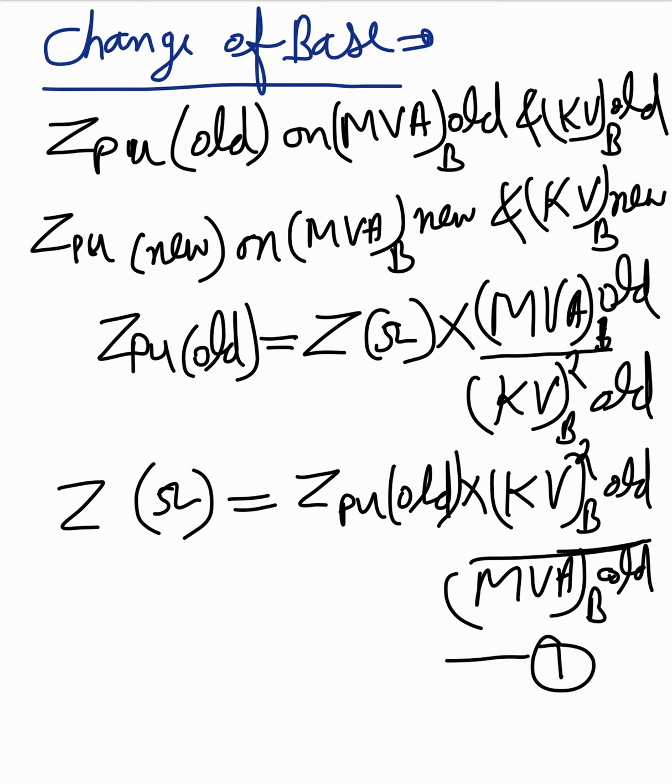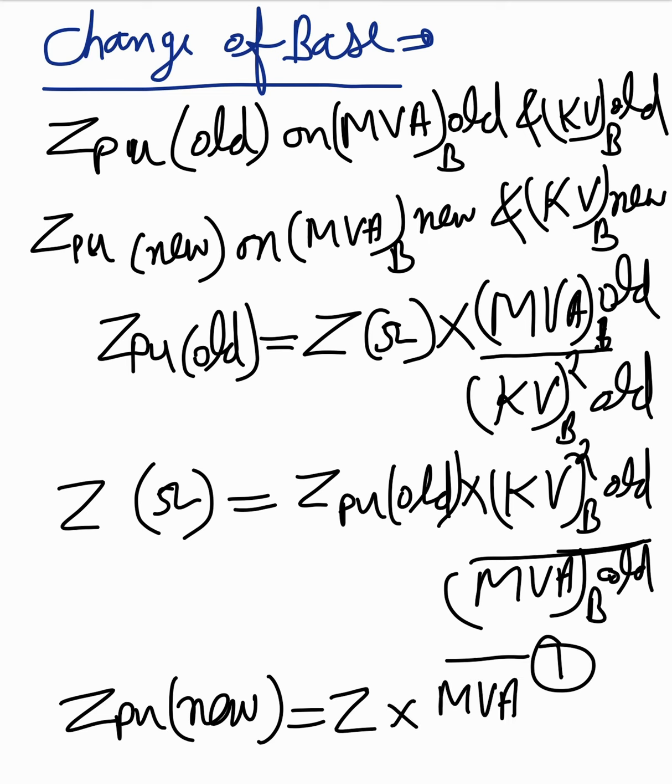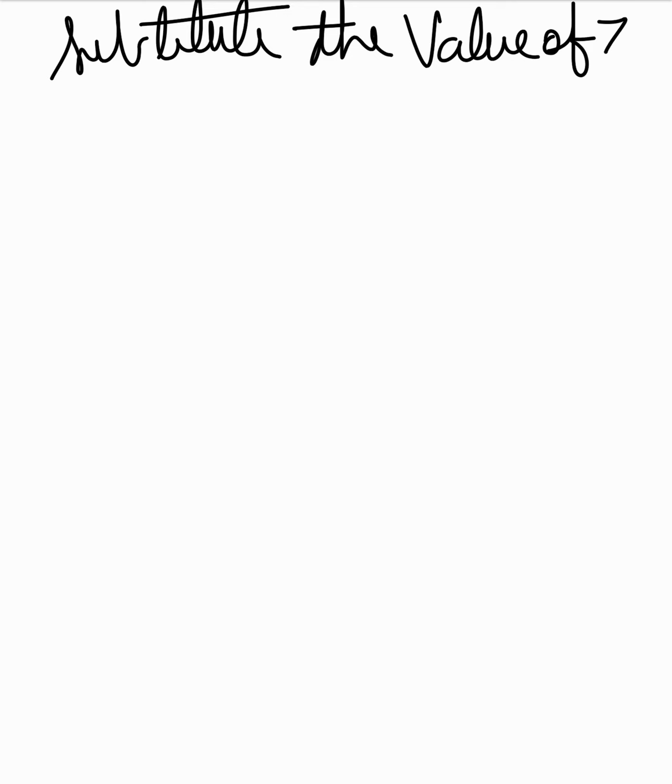Okay, and we know that Z per unit new is equal to Z into MVA base new upon kV square base new. So substitute the value of Z from equation number 1.